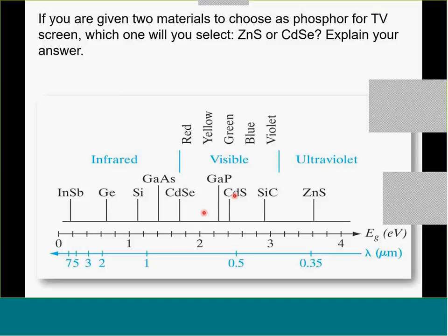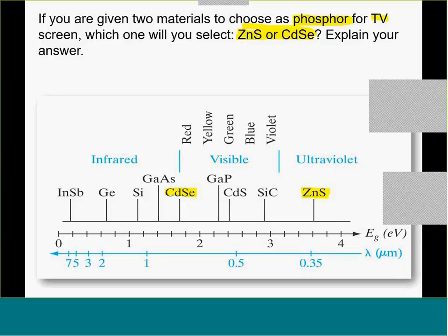Let's see, we have this as a guide to help us make our decision. This is a very good example, so let's just go for it. Phosphor for our TV screen.